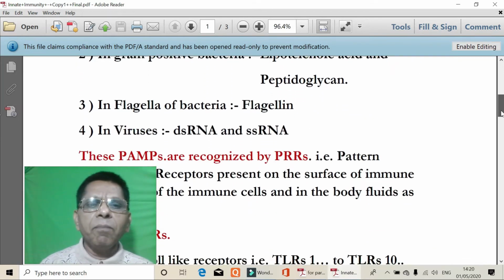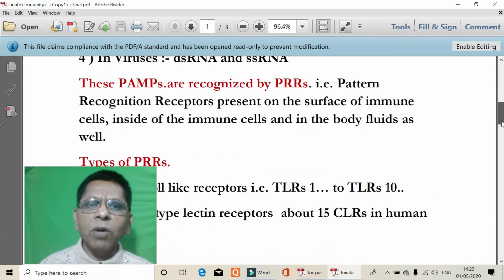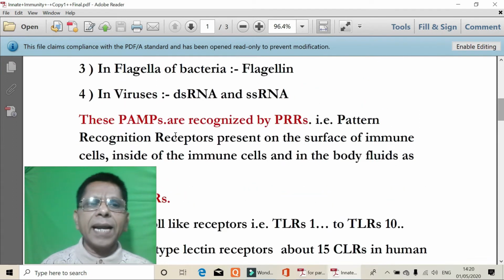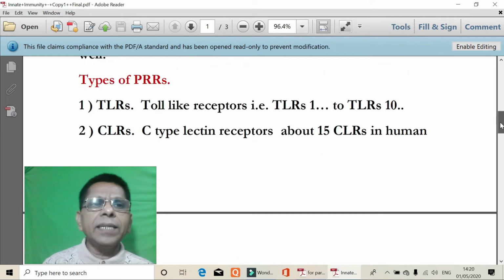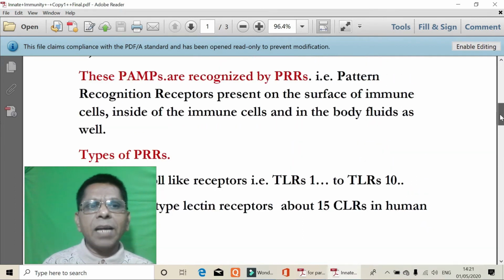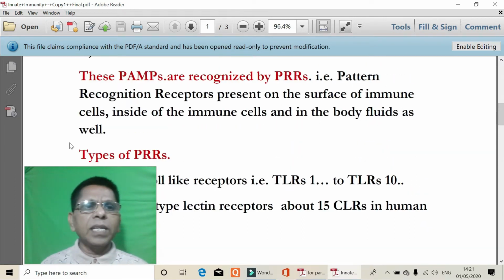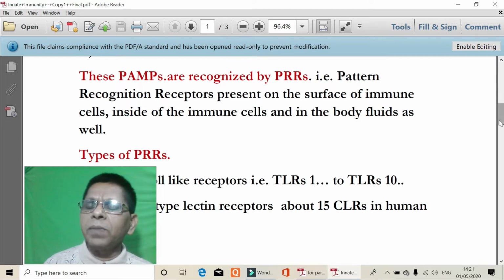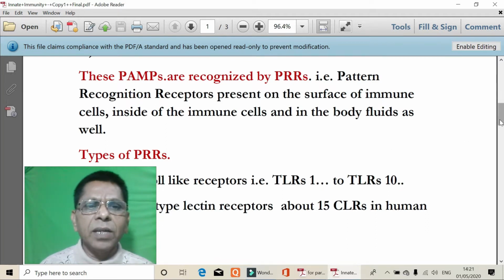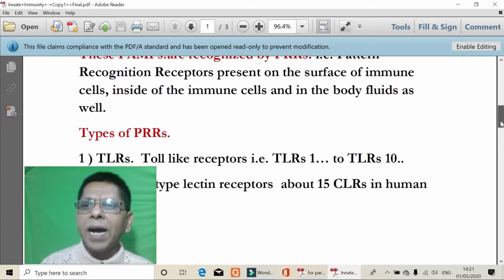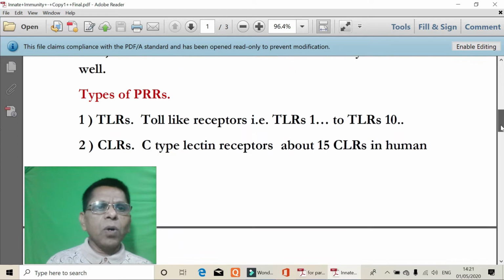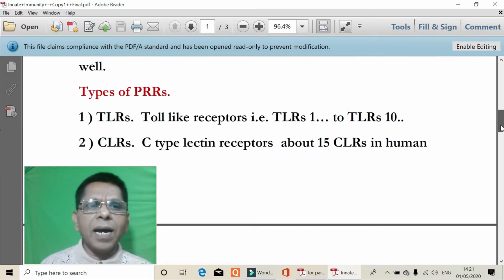Now these pathogen associated molecular patterns are identified by means of pattern recognition receptors. They are present on the surface of the immune cell, as I already told you all, or some of them are present intracellularly, and some of them are also present in the body fluids as well. Now what are the types of the PRRs?